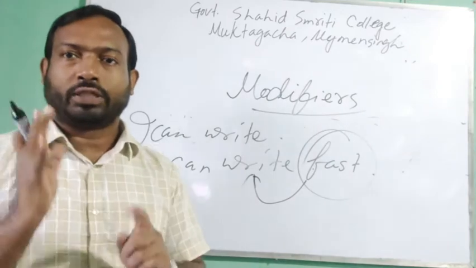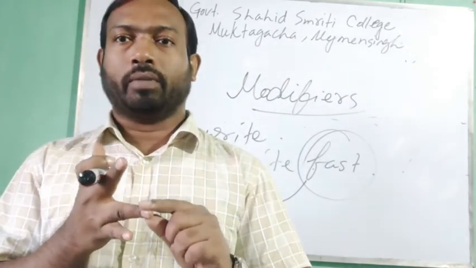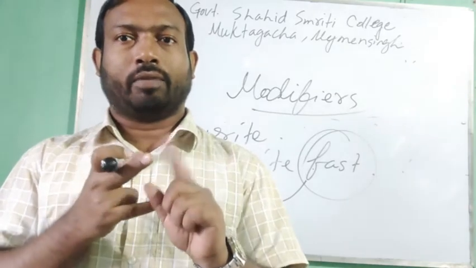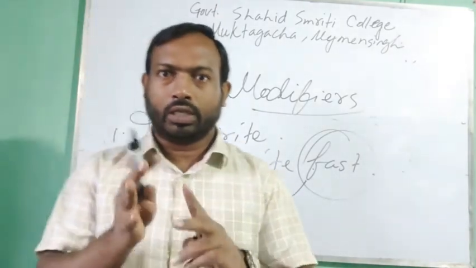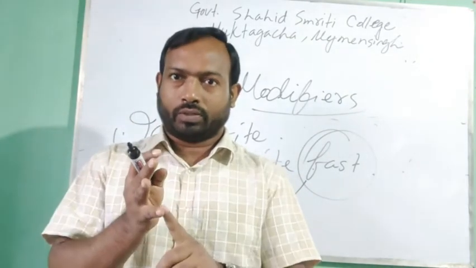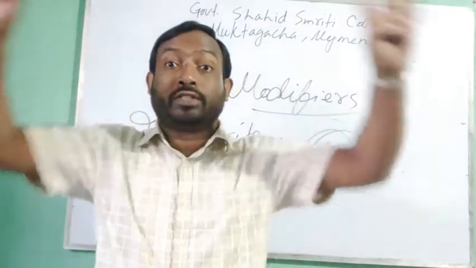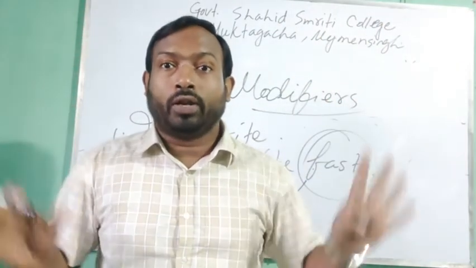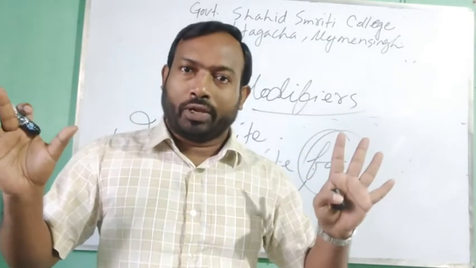So here we have seen noun can be modified, verb can be modified, adjective can be modified, and adverb can also be modified. So these four parts of speech: noun, adjective, verb, and adverb. And sometimes a full sentence can also be modified.